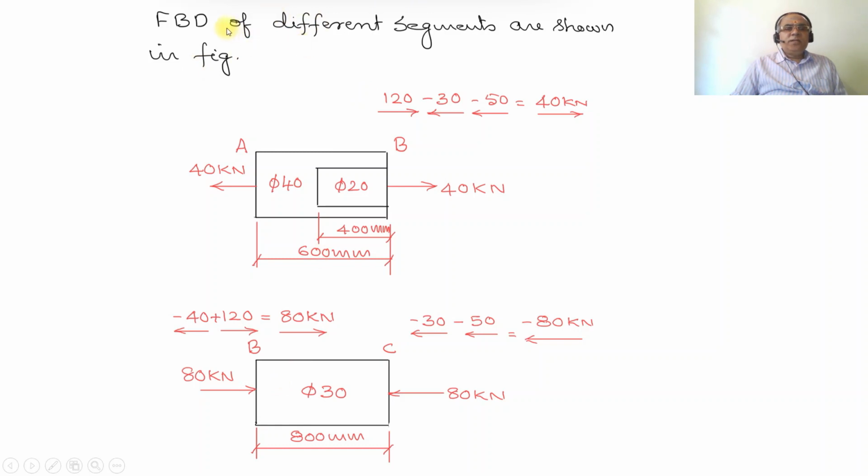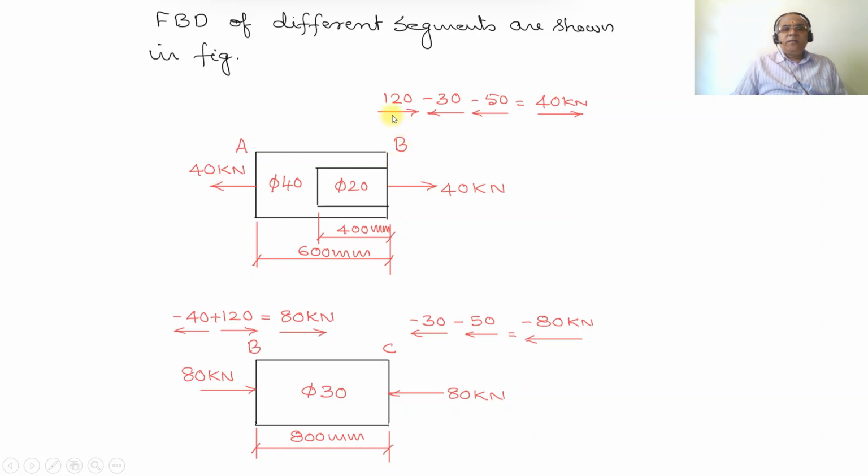Now we are going to consider the free body diagram of the different segments. First we take the round bar of diameter 40 mm, wherein a 20 mm diameter is bored to a length of 400 mm, and the overall length of the bar is 600 mm. At point A, 40 kilonewton is acting towards the left side.